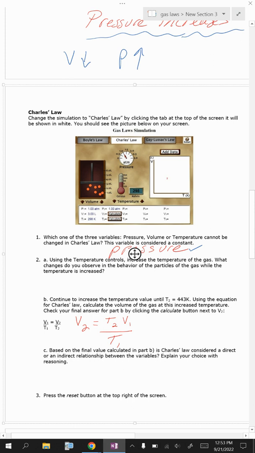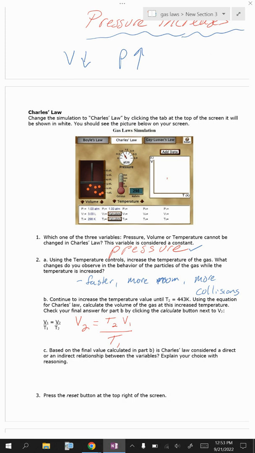So I would say in 2A that they get faster, they have more room, and they also end up getting more collisions. That's when I increase the temperature. They get a little faster. There was definitely more room, and you get more collisions.